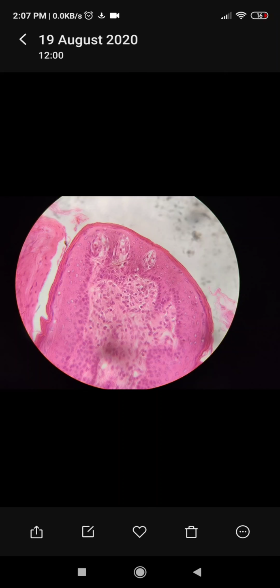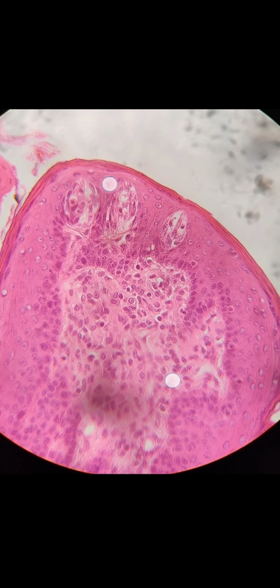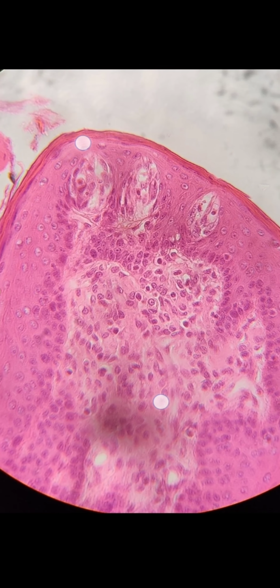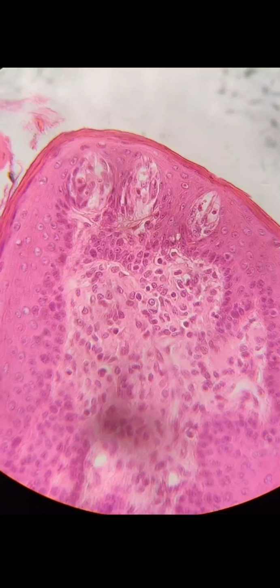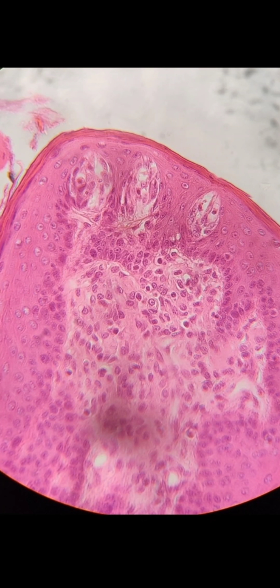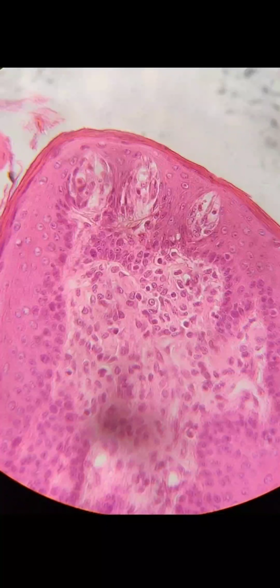Now this is the taste bud. You can appreciate the structure of the taste bud, which is present in the epithelium of the fungiform papilla. These are ovoid structures within the stratified epithelium on the tongue surface, which sample the general chemical composition of the ingested material.